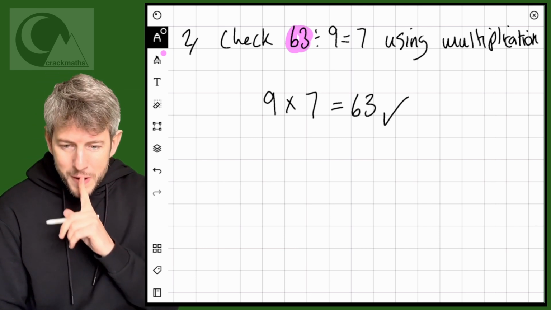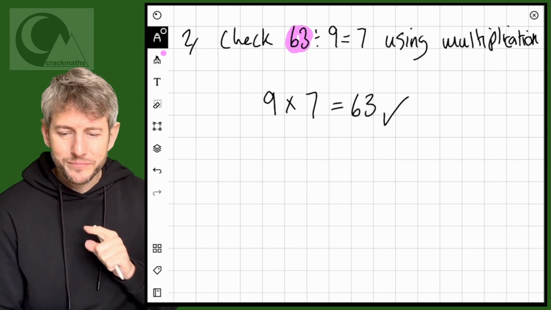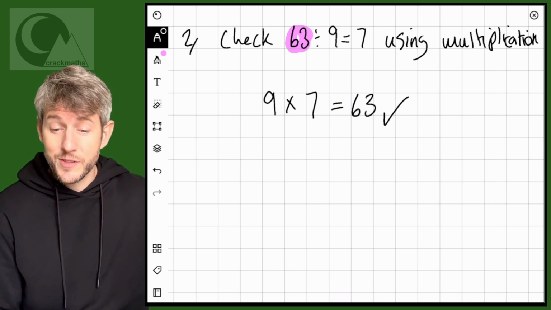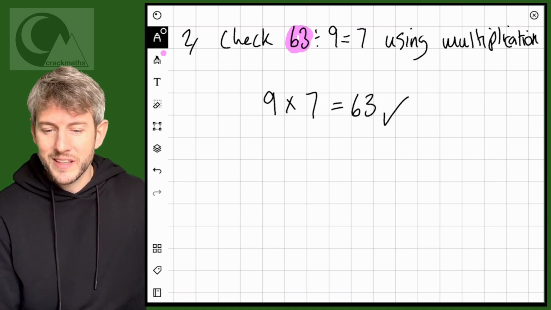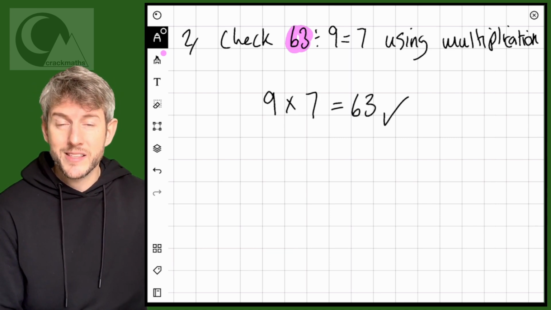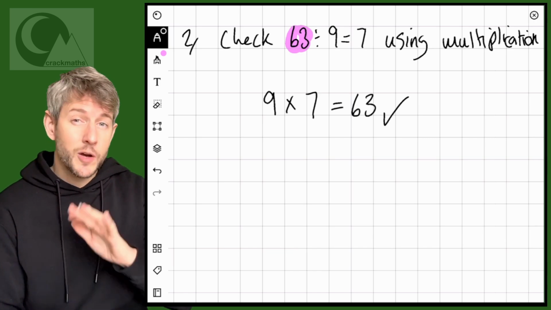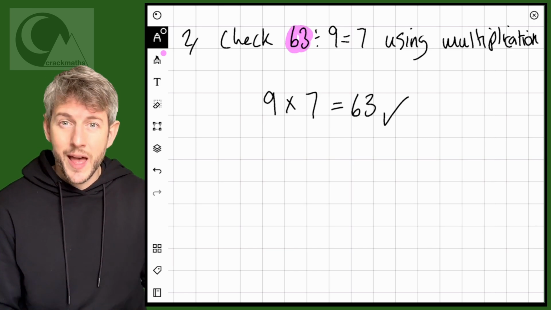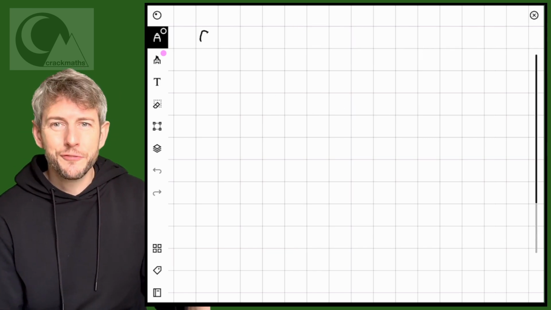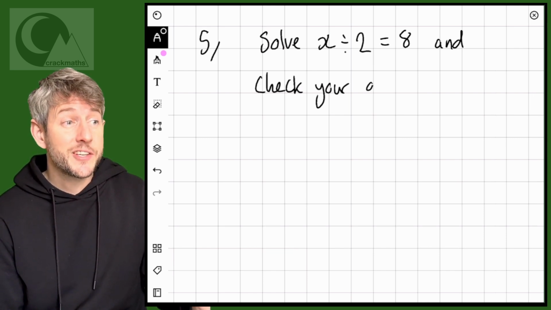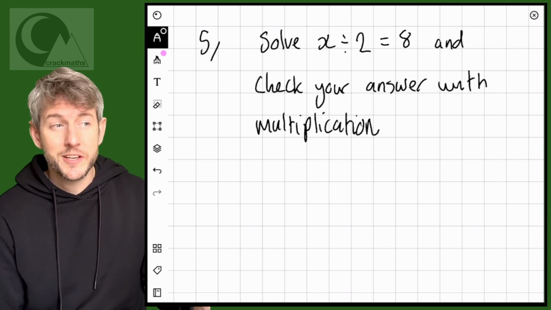Okay, there's a few algebra questions here, and I just want to have a look at a couple of them just before we move on to the scenario questions, just because it's useful to tap in with that so that we can see how this is applicable regardless of if it's regular numbers or if it's a missing number. Okay, so question 5 says, solve x divided by 2 equals 8 and check your answer with multiplication.